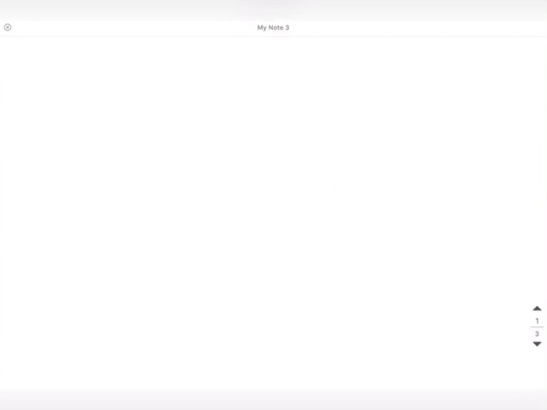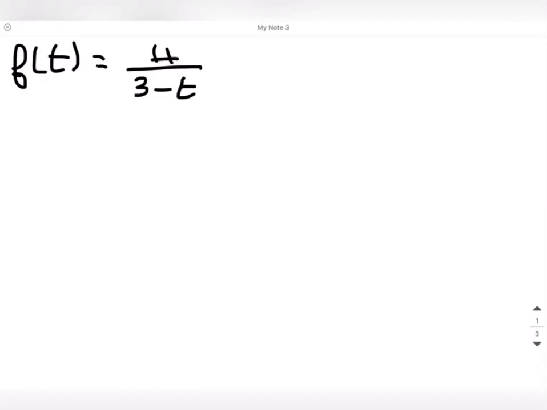Another example I'm going to give is f of t is equal to 4 over 3 minus t. Okay, it is defined when the denominator is different than 0. So f of t is defined when 3 minus t is different than 0.